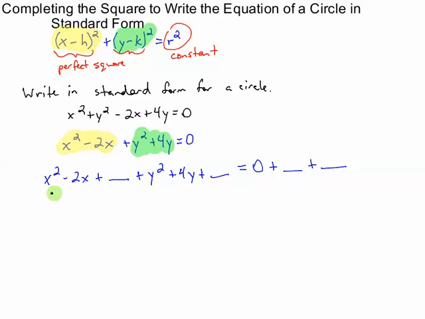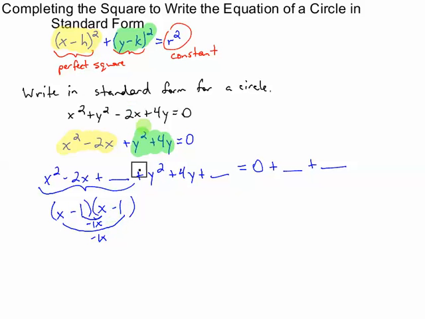So now I need to figure out, just on this guy, how to make it a perfect square. Well, if it's x squared minus 2x, when I go to factor it and make it a perfect square, I need something times itself to give me x squared, so that's x and x. Then each of these guys need to come together to give me negative 2x, so that'd be negative 1x and negative 1x, so I need a minus 1 in each of those places.